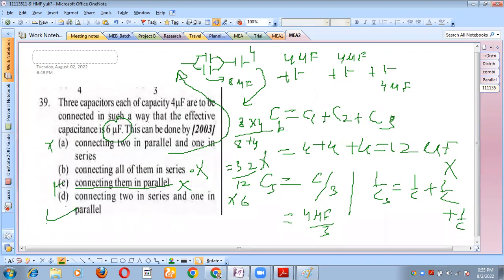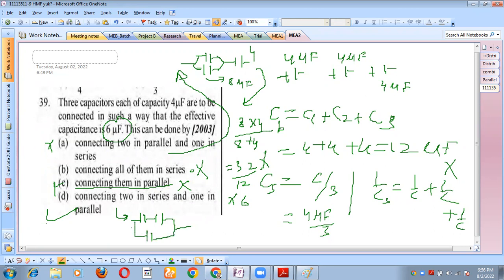We will check in D whether we are getting 6 or not. What is said in D, connecting 2 in series and 1 in parallel. According to this, connect 2 in series and then 1 in parallel, like this.